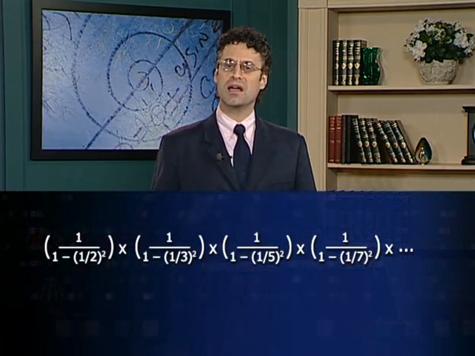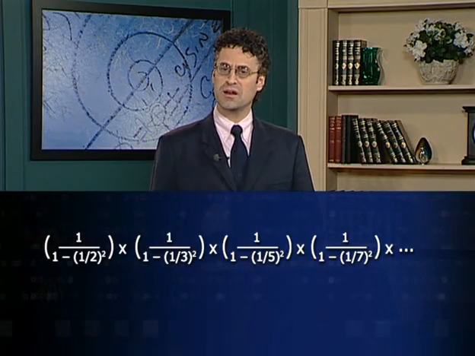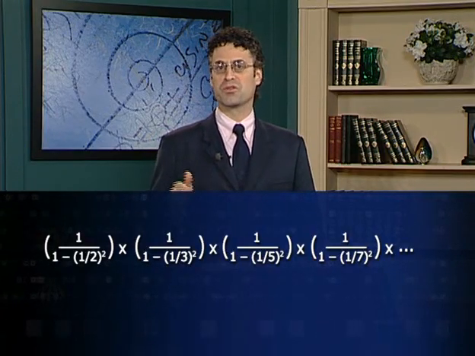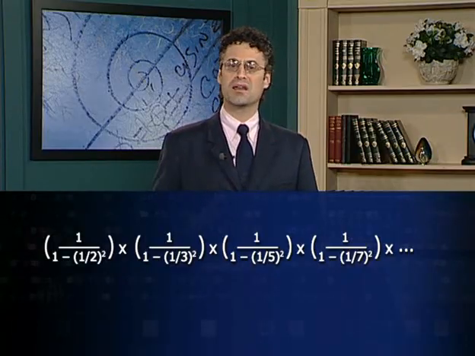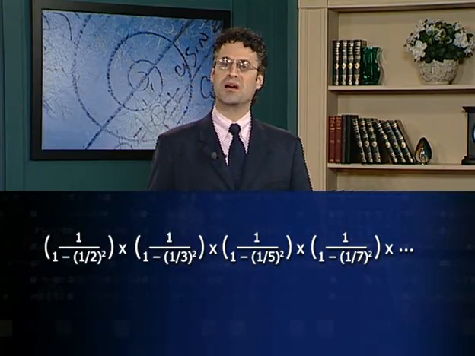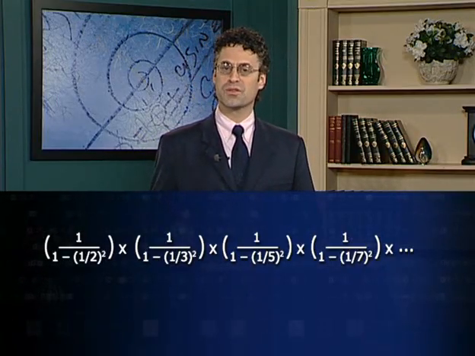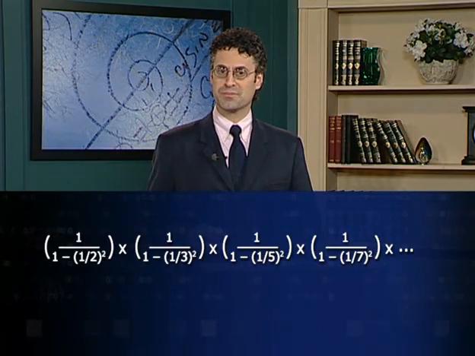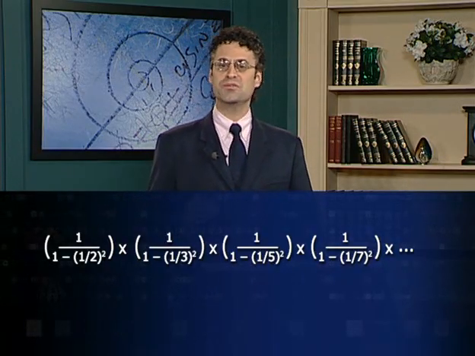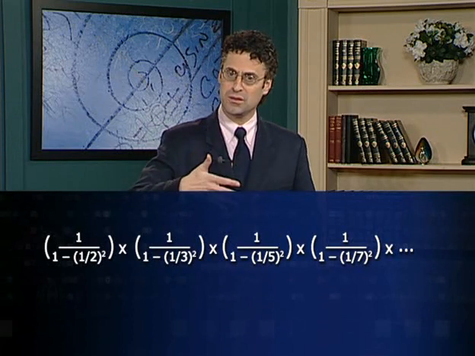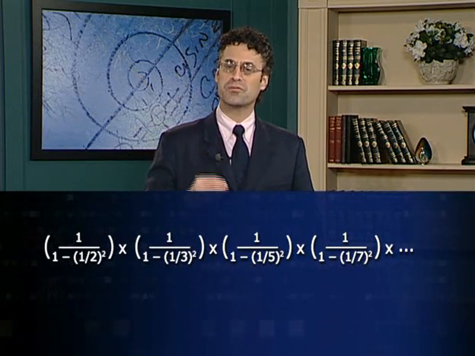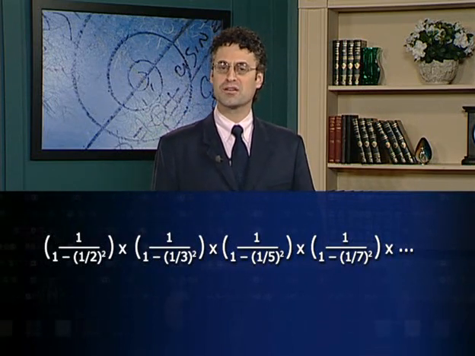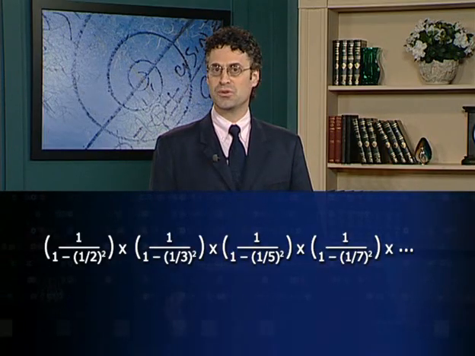So the probability of having no prime appearing twice is the product of 1 minus 1 over 2 squared, times 1 minus 1 over 3 squared, times 1 minus 1 over 5 squared, times 1 minus 1 over 7 squared, and so forth. We do this for each prime. Notice that this product is in fact the reciprocal of the product from Euler's general product formula with s equals 2.